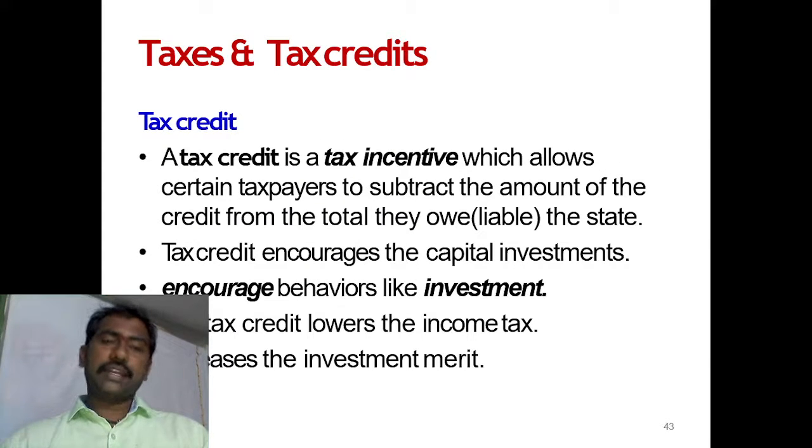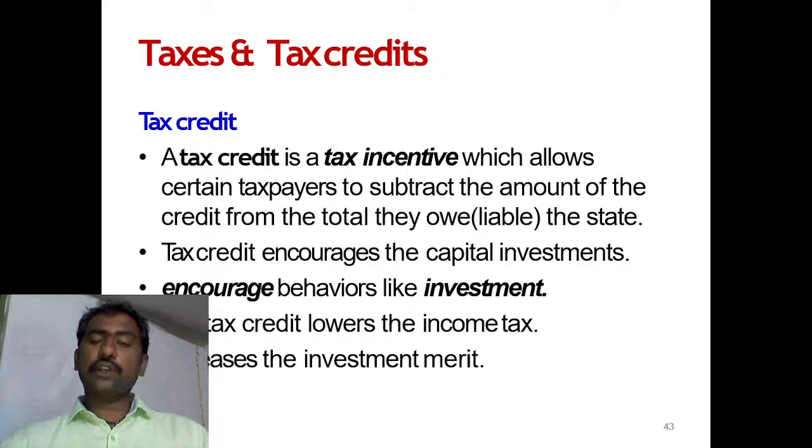Next, tax credit. What is meant by tax credit? A tax credit is a tax incentive which allows certain taxpayers to subtract the amount of the credit from the total amount they owe the state. Tax credit encourages capital investments and behaviors like investment.